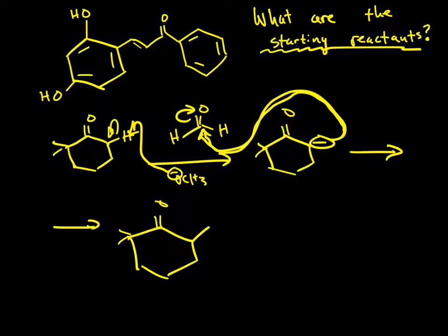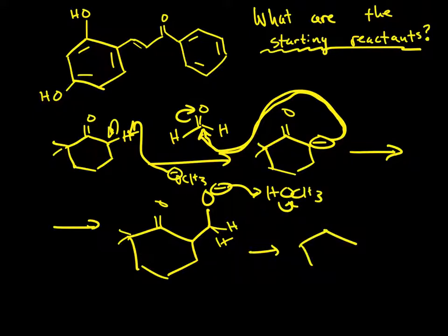I'm going to draw this with an O minus and our two hydrogens there, and then I know we're going to protonate it, and then we're going to have this structure with an OH.